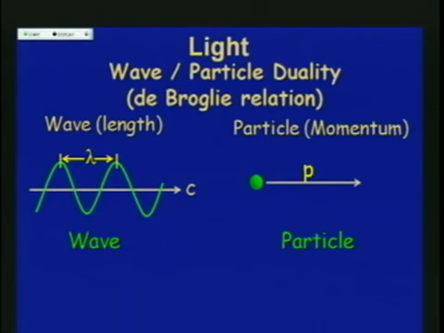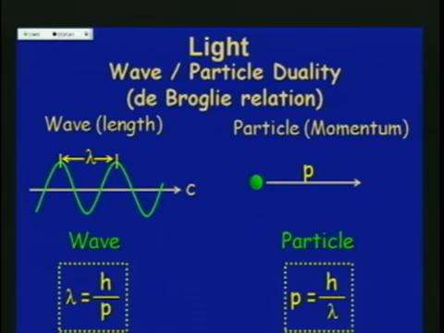The person that came up with a relation between these was a French scientist by the name of Louis de Broglie. What he said is, if I've got a particle, we have an associated momentum to describe the movement of that particle. For a wave, the wavelength will describe the properties of that wave.